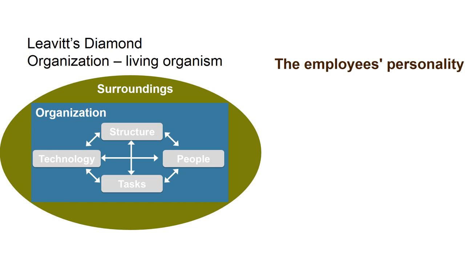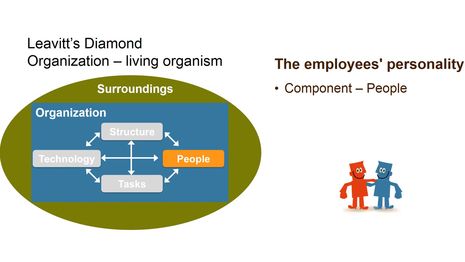The employee's personality. Here we are talking, just like in the previous example, about the component people. It is not just the employee's level of education which is essential for the distribution of responsibility and authority to employees.